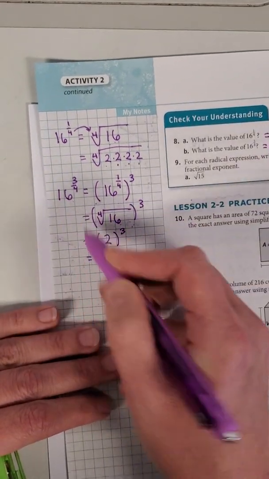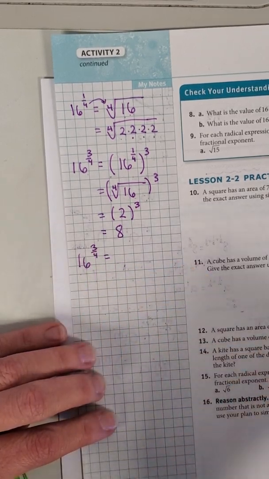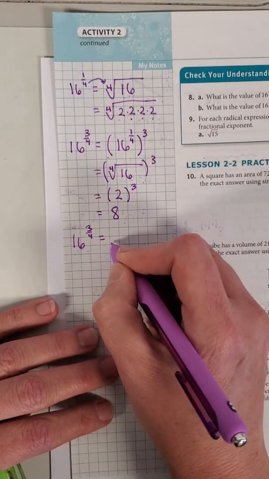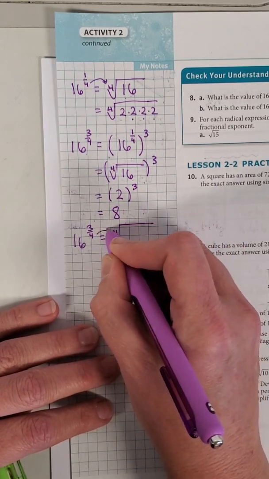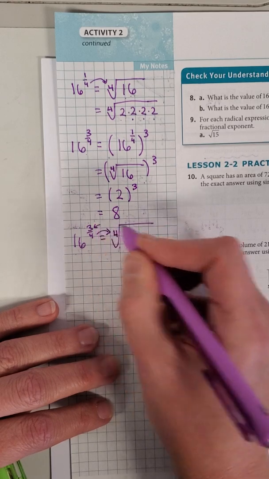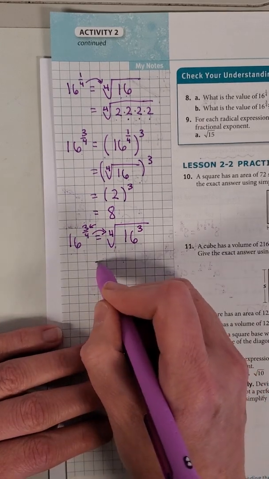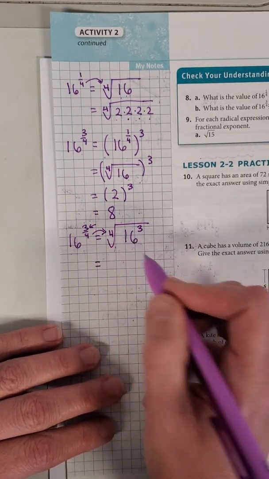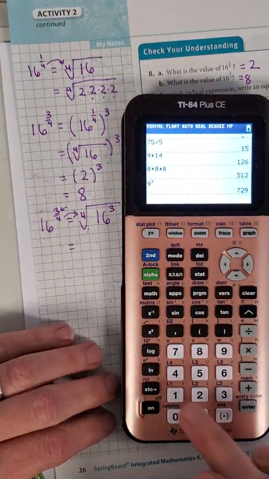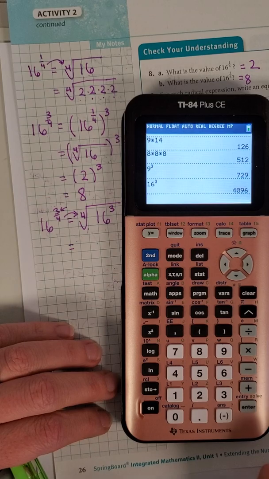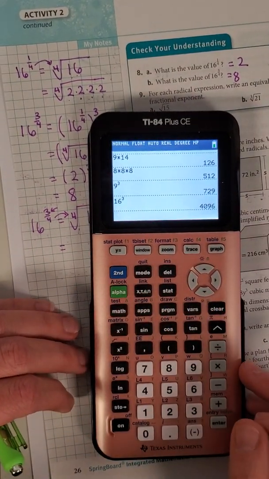I'm going to do this a second way. 16 to the 3/4 power is equal to, I can rewrite this as the 4th root of, there's my index, here's my exponent, 16 cubed. Now, if you want to cube 16 and then take the 4th root of it, you would most likely need a calculator to do that. 16 to the 3rd power is 4,096, and then you would take that to the 1/4 power.